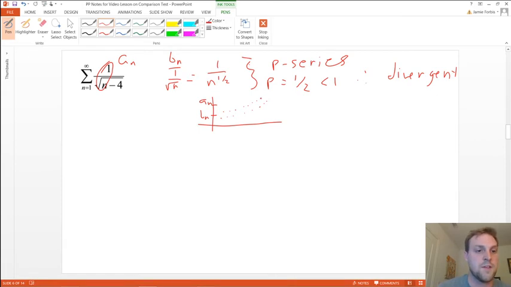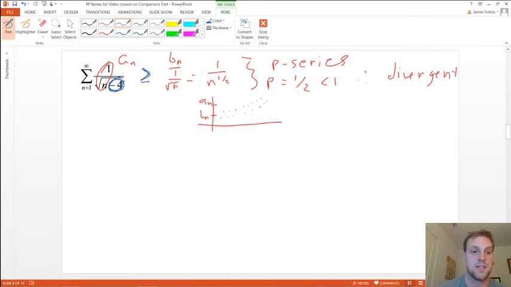Okay, so think about this. If the only difference between a sub n and b sub n is I'm subtracting 4 underneath the radical, that's going to make the denominator just a little bit smaller, therefore making the fraction a little bit bigger. So logically speaking, a sub n is indeed greater than b sub n.